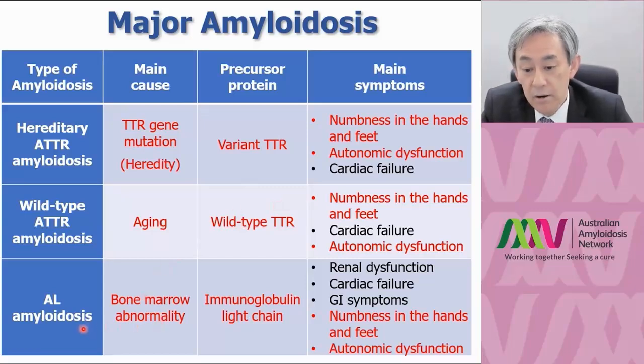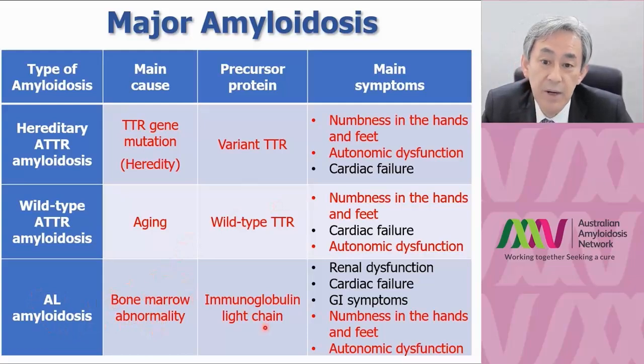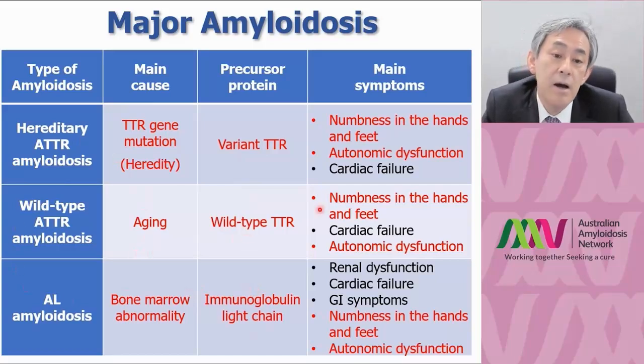The cause of AL amyloidosis is bone marrow abnormality, and the precursor protein is immunoglobulin light chain. In any type, neurological symptoms such as numbness in the hands and feet and autonomic dysfunctions are very common.